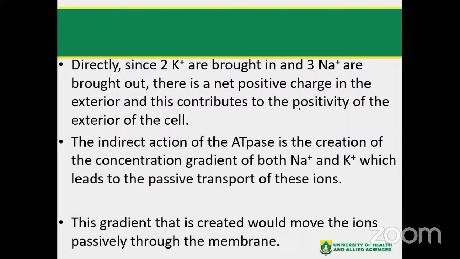Then, directly and indirectly, we have a carrier molecule which is called the sodium-potassium ATPase. And this usually carries 2 potassium into the cell and 3 sodium out of the cell.